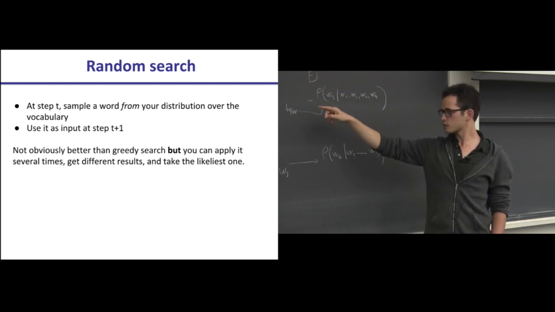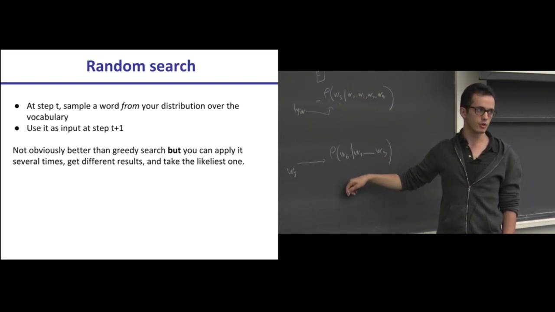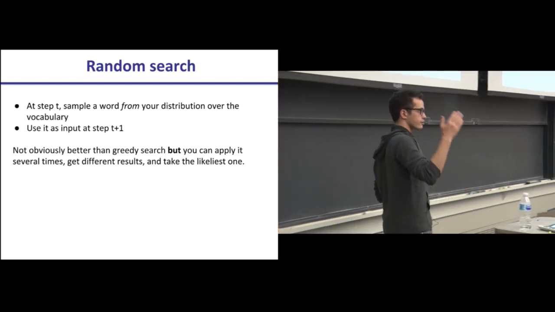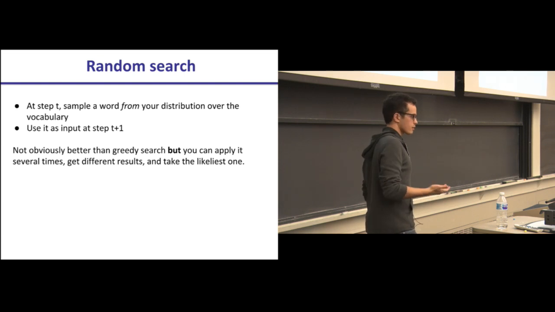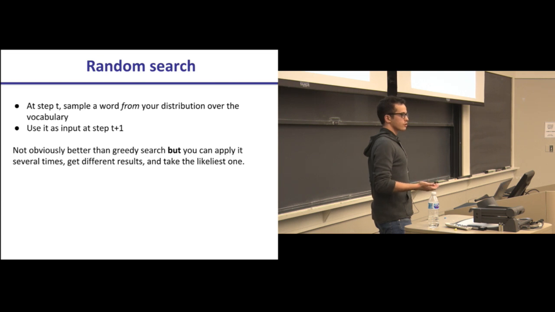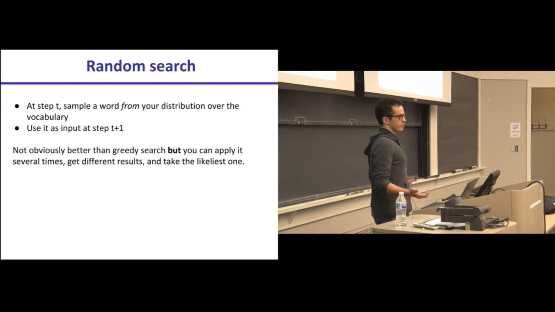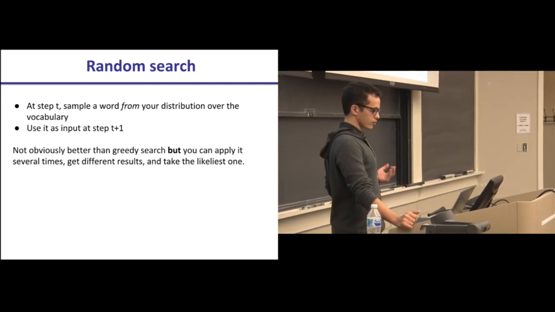So the probability of a sequence is the product of all these conditional probabilities, which ends up being exactly the probability of the sentence. So that's pretty good, because then if you do that 100 times, you select from the distribution over sequences, 100 sequences, and hopefully you're going to select all of the likely ones, so you can know which one is the most likely. So that's kind of the idea behind random search, which is fairly easy to do as well, so it's a thing I recommend.